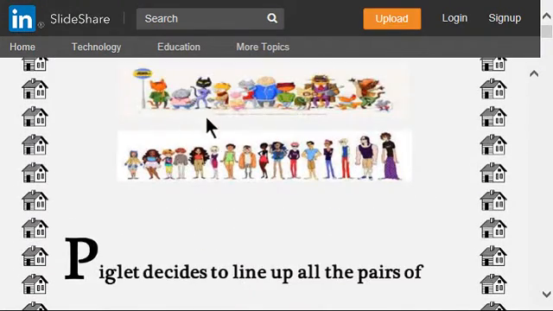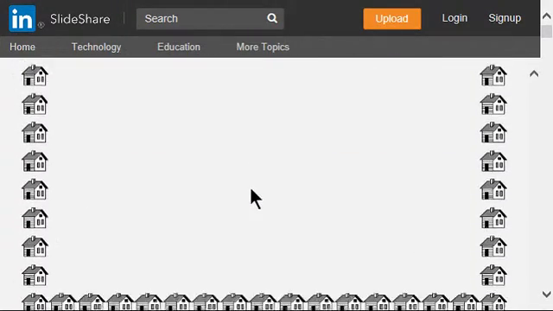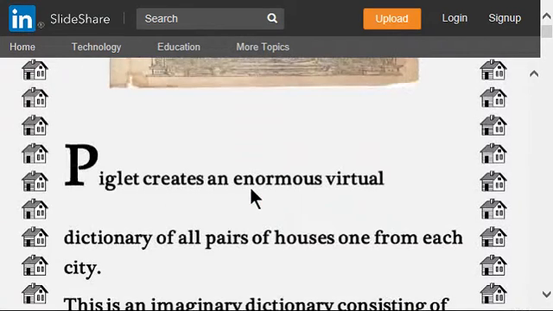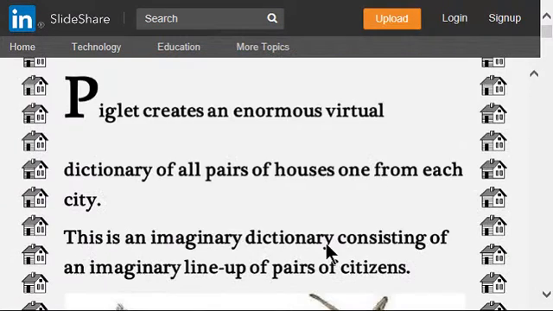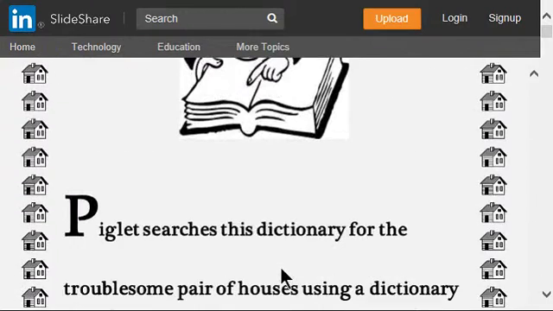So what Piglet does is line up the citizens of the two cities in pairs. All pairs are taken. Piglet does not actually line them up. What Piglet does, it creates a virtual dictionary of all pairs of houses, one from each city. It's an imaginary dictionary consisting of an imaginary lineup of pairs of citizens, one from each city. Piglet searches the dictionary.